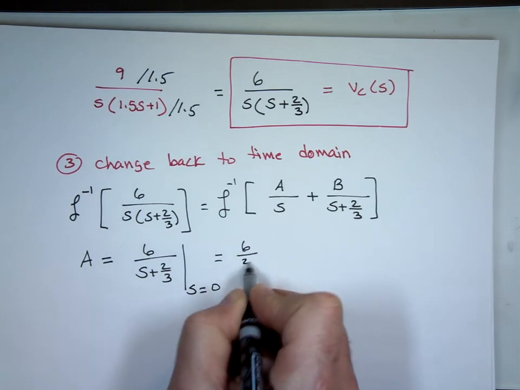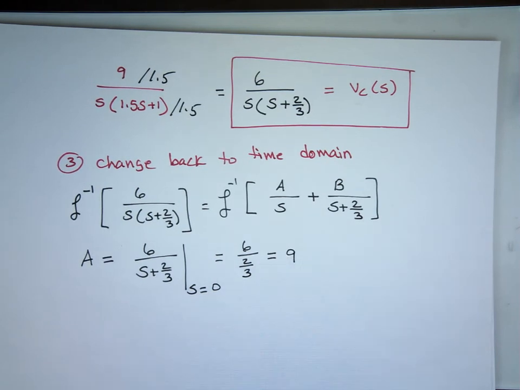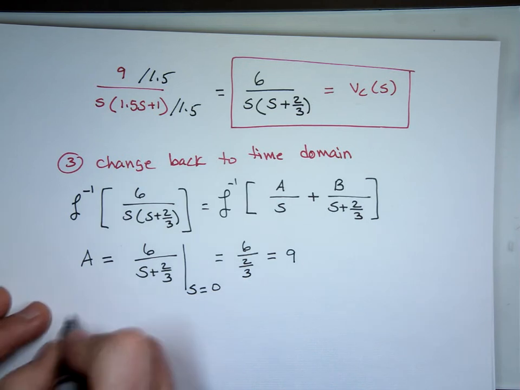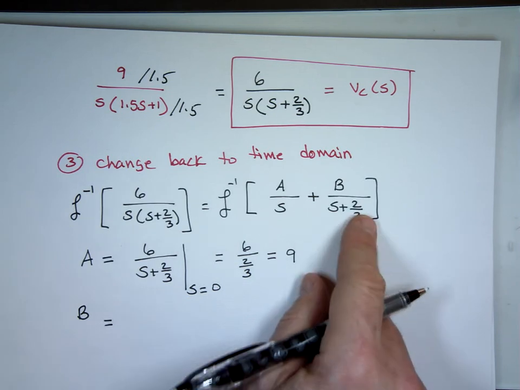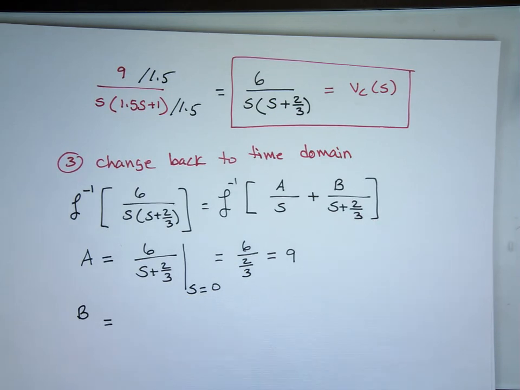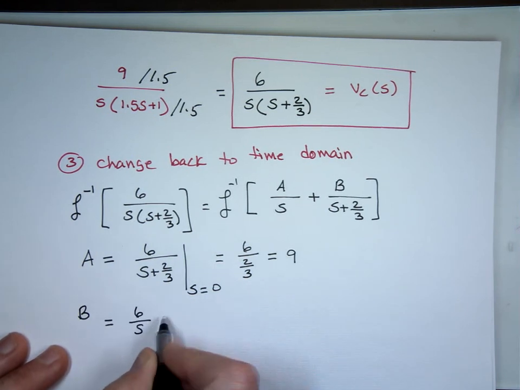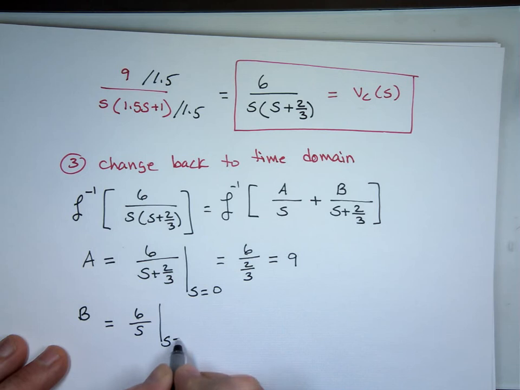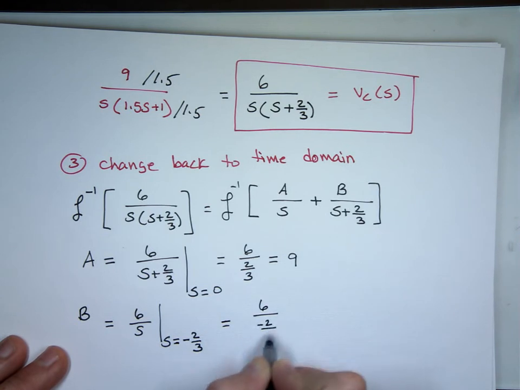I think that's a 9. And to find b, b is sitting on top of s plus 2/3. So I'm going to take s plus 2/3 out, 6 over s, when s equals what? Negative 2/3. And that's a negative 9.